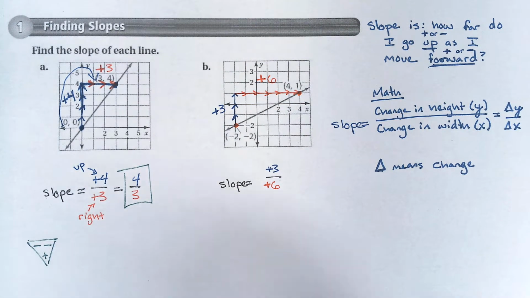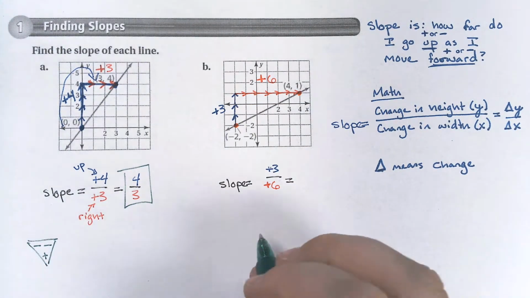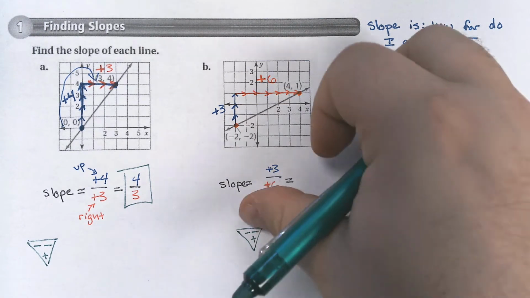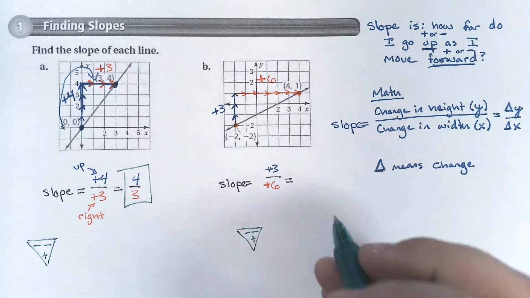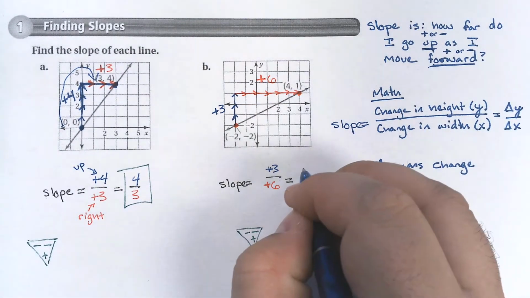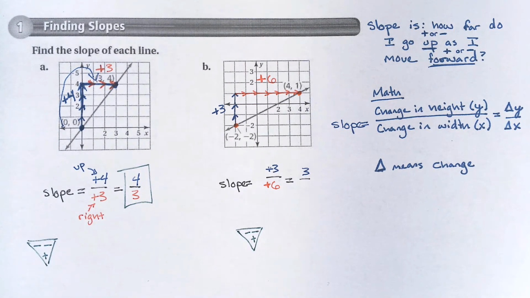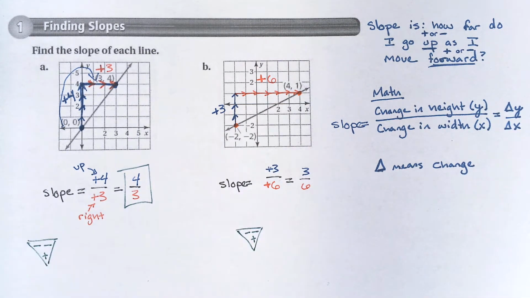Now I need to write my final answer, which means I need to get rid of my like sign. So I'm going to look at my factor fox again, and I'm going to remember that if I have the same sign, then I'm left with a positive. So that means I don't need those positive signs, I just need the 3 over 6, and I'm going to recognize something at this point.